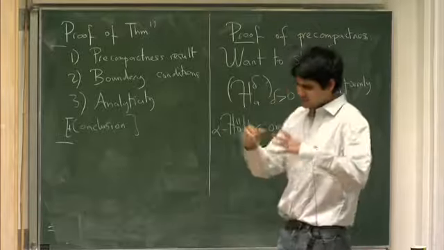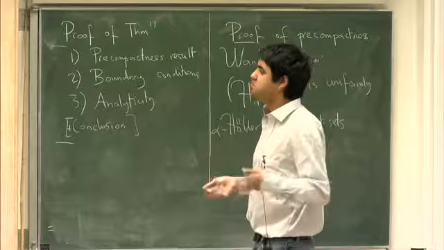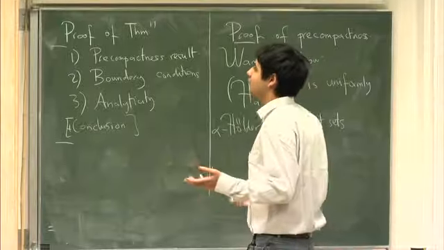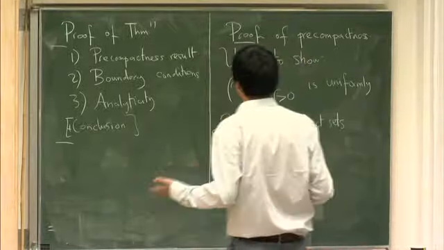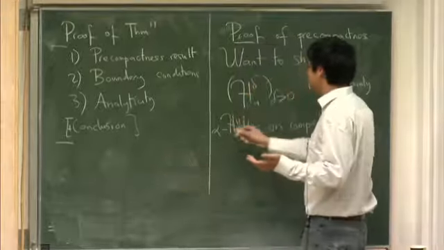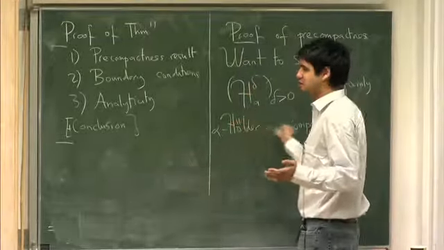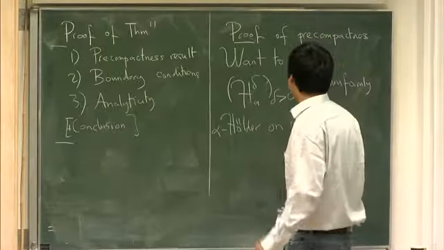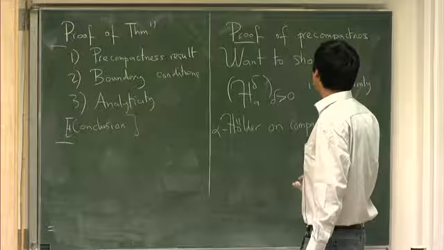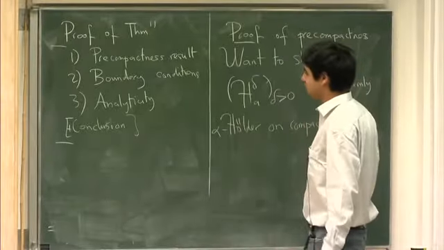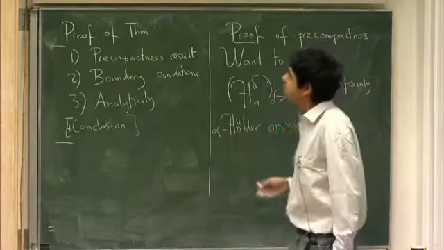Actually, it's a bit more than that. You can extend the precompactness to the boundary if the boundary is not too awful, and you can extend it to the boundary in any case. You would just have to change a bit the definition. Well, you'll see what happens. Nothing crazy happens.